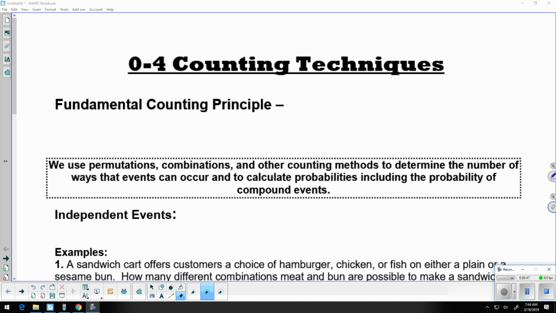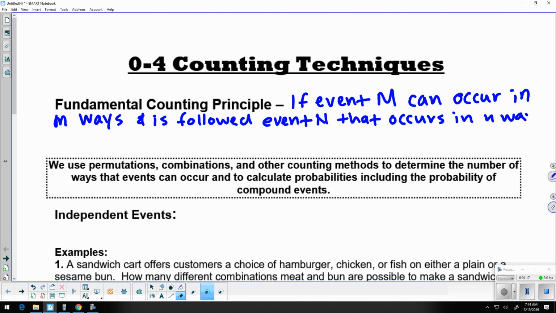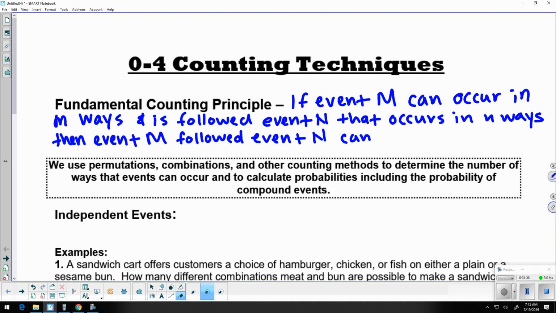It says if event M can occur in M ways and is followed by event N that occurs in N ways, then the event M followed by event N can occur in M times N ways.